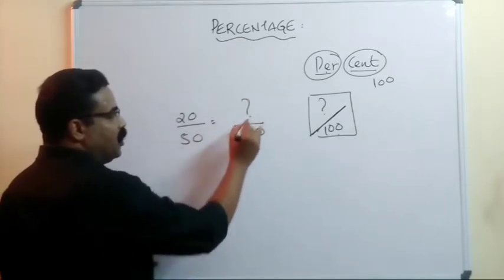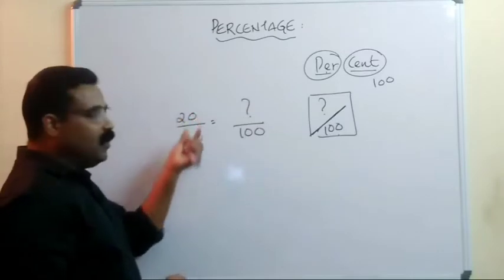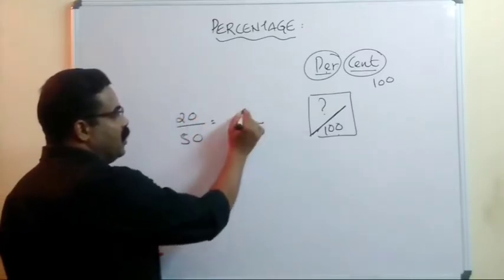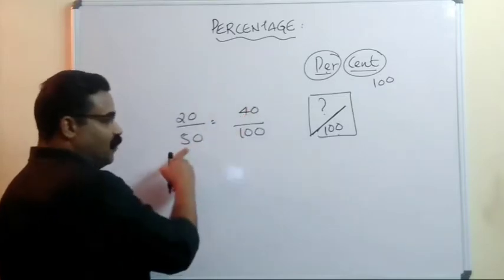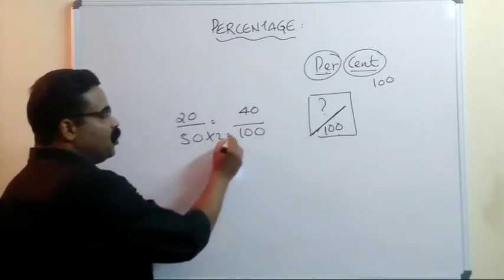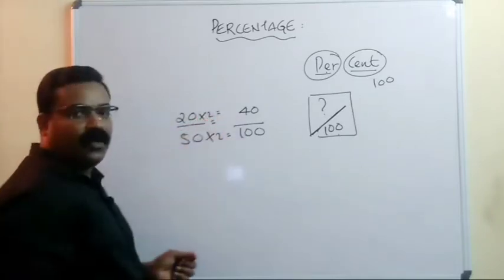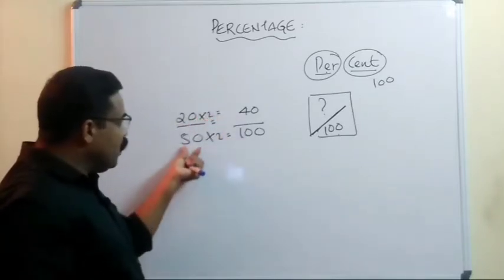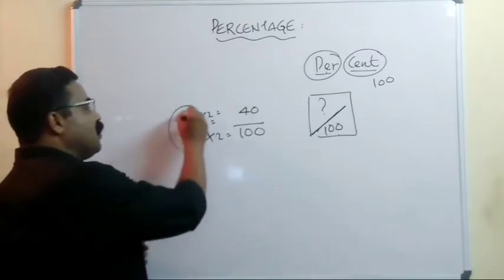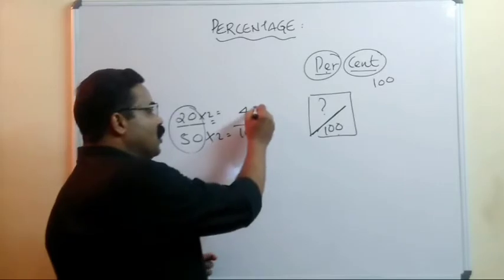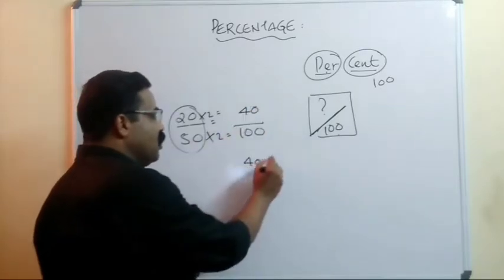Out of 50 if it is 20, out of 100 definitely it will be 40, because 50 multiplied by 2 gives 100, and similarly 20 multiplied by 2 gives 40. So its percentage will be equal to 40%.